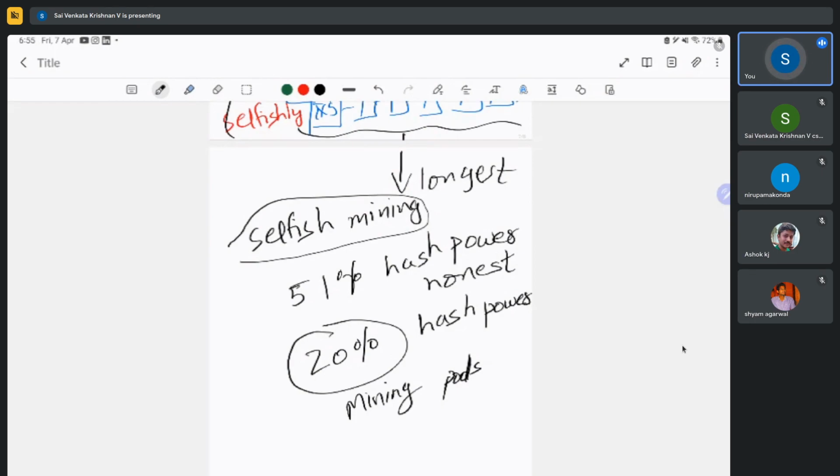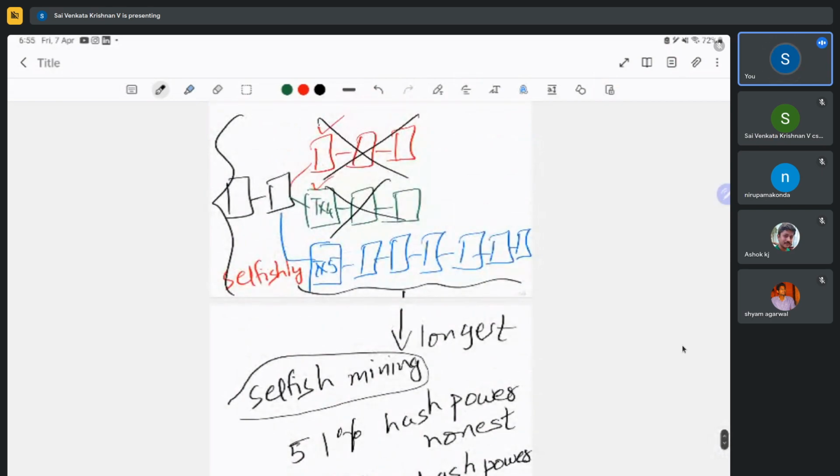All these mining pools will now yield a tremendous influence, and they can undertake these strategies and ensure that they get the maximum profit because their chain would be the longest chain and their miners would be the ones rewarded.